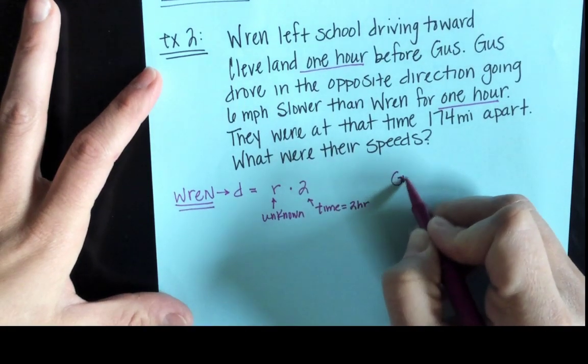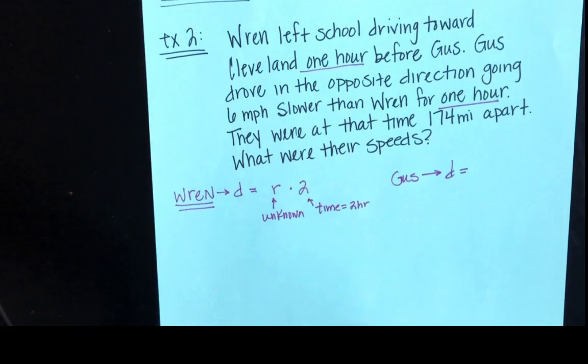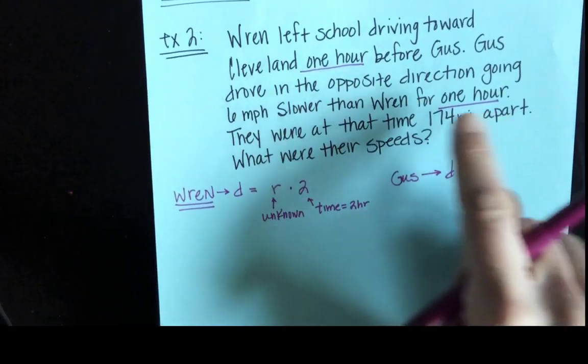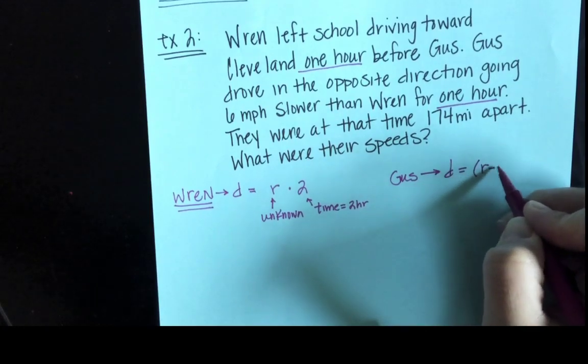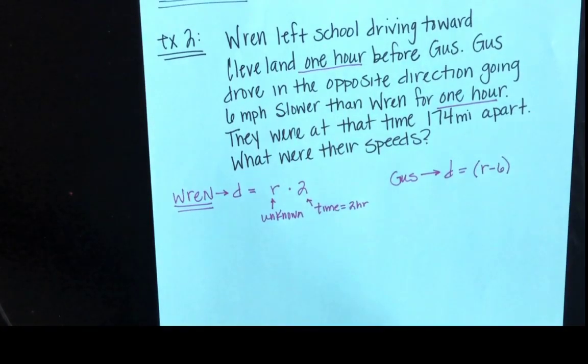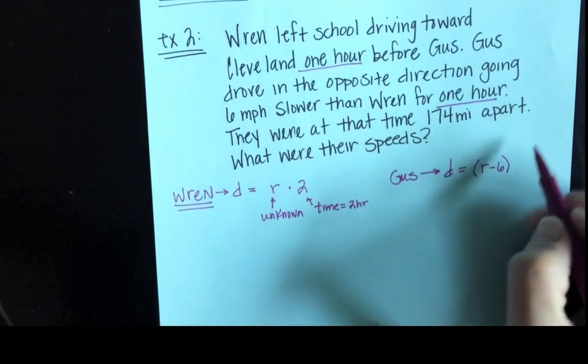Gus, his distance equals rate times time. It says he's going 6 miles an hour slower. So his rate is going to be R minus 6, whatever Ren's is. But he's only been driving for 1 hour.